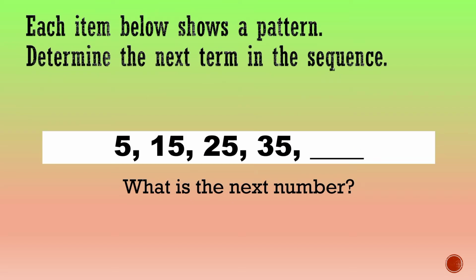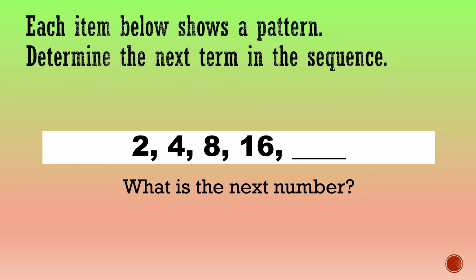What do you think is the next number? 5, 15, 25, 35. If you say 45, then you are correct. The other one, 2, 4, 8, 16. What do you think is the next number? If you say 32, then you are correct. How about this one?